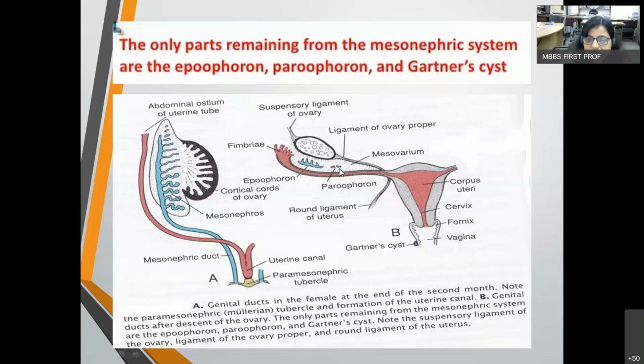Whereas paroophoron is by the side of the ovary, and Gardner's cyst is basically the extension going downwards to the lower end of vagina, in the form of a cyst. These are the remnants of mesonephric system in the female reproductive system.